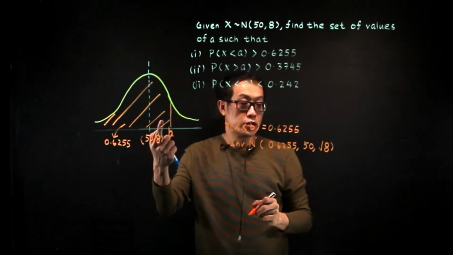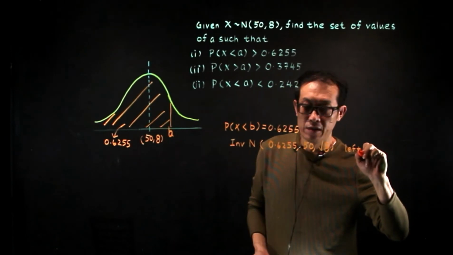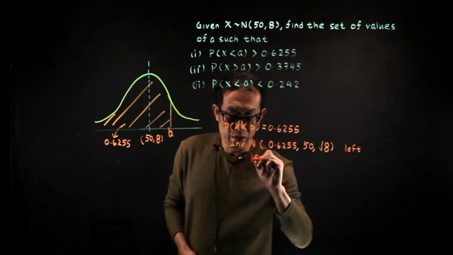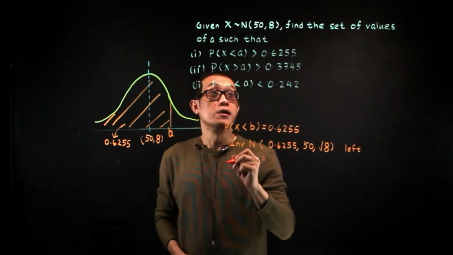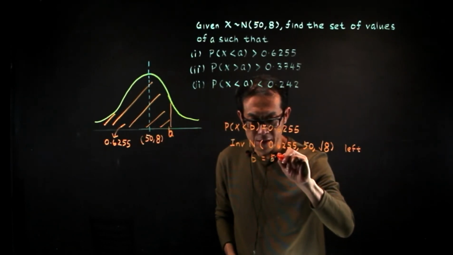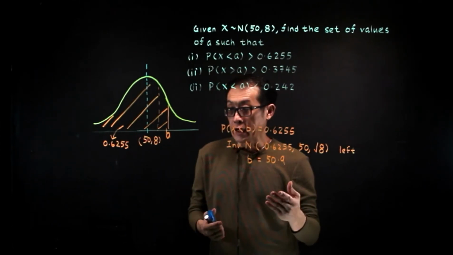Then after that, you key in the left hand side. This is on the left. And then what value of B will you get? You will get B to be equal to 50.9. Now let's check.